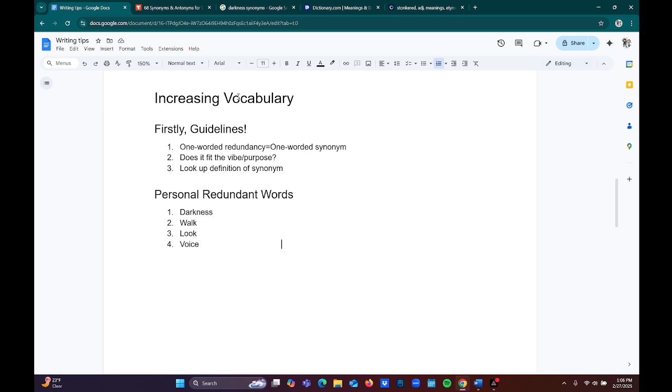Well, resonance can mean different things, have different little connotations around it, because it could be talking about singing voice, or it could be talking about resonance like energy vibrations, which delves a little more into spirituality. So maybe resonance isn't a very good synonym for voice. So that's also a good reason why you should look up definitions of synonyms.